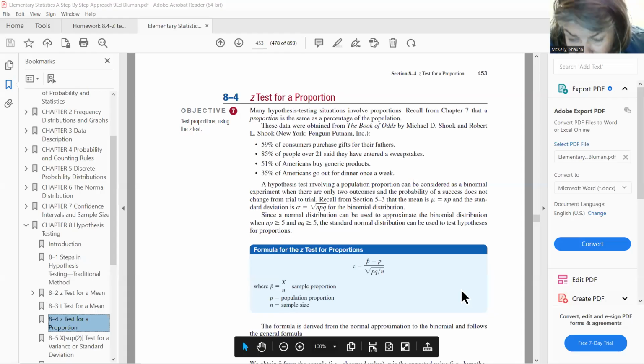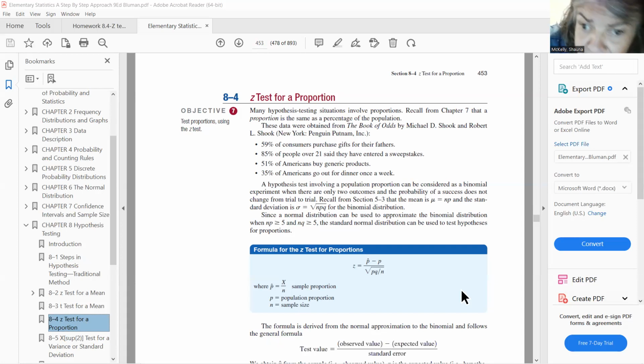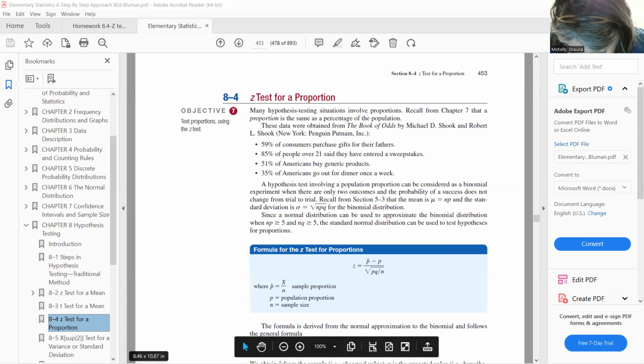If you look at the homework, which we'll do in a minute, you're going to see that for section 8.4, it opens with some examples of what proportions are. The format for a proportion statement is usually some percentage of some group do something.